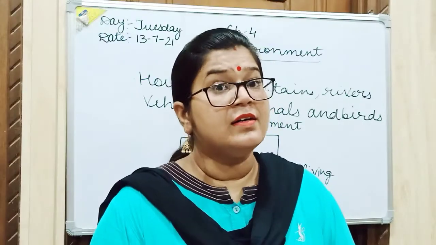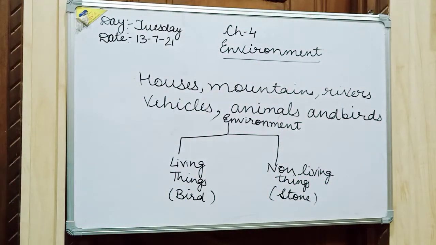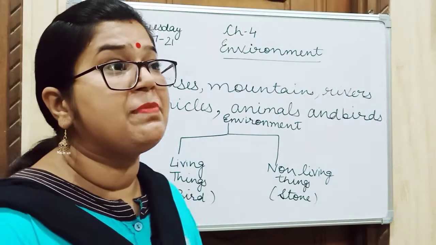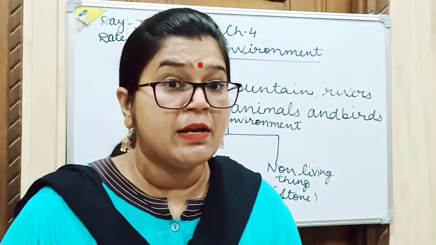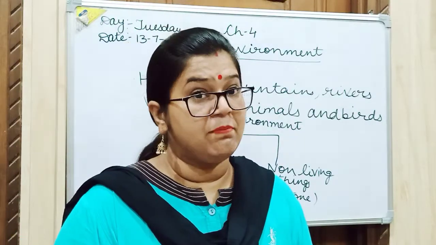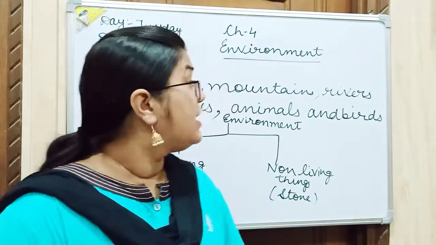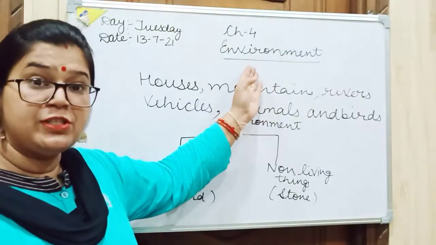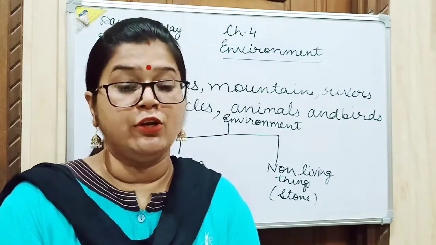Now we will learn the meaning of pollution. Pollution means something has been made impure and dirty. Dear students, in this chapter we will also learn 4 types of pollution.